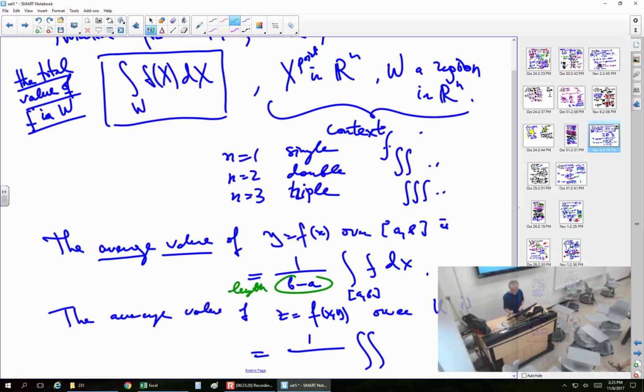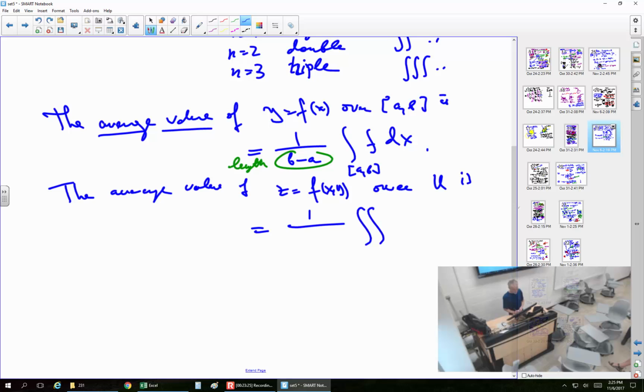If this is the length, and we are ascending dimensions, then what are we going to get here? The area. So, the area of U. The average value of a function of two variables will be the total value, which is the double integral of f dA, divided by the area. As simple as that.